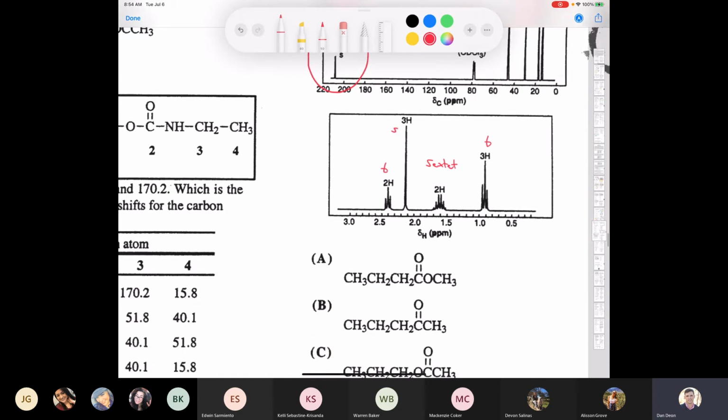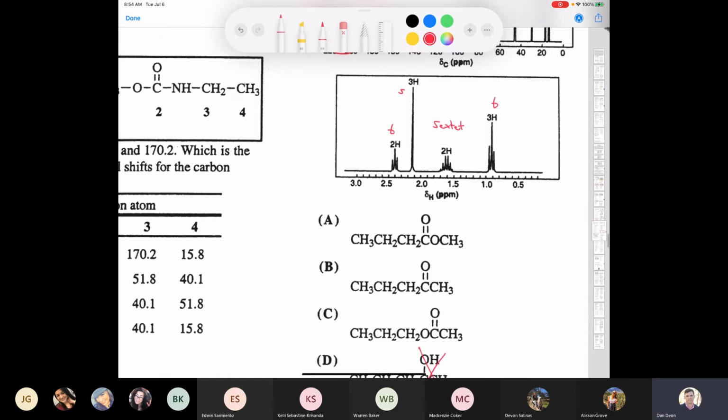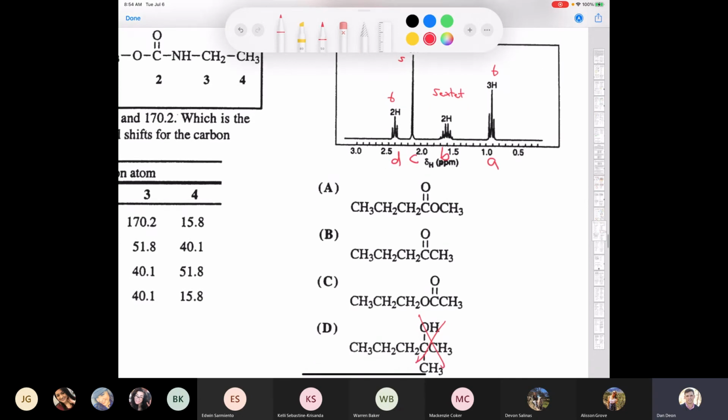Okay, well, I'm just going to skip ahead a little bit because I've looked at this problem already. If we call this A, this B, this signal C, and this signal D, you can see that they all have an A signal, don't they? This would give you a triplet.